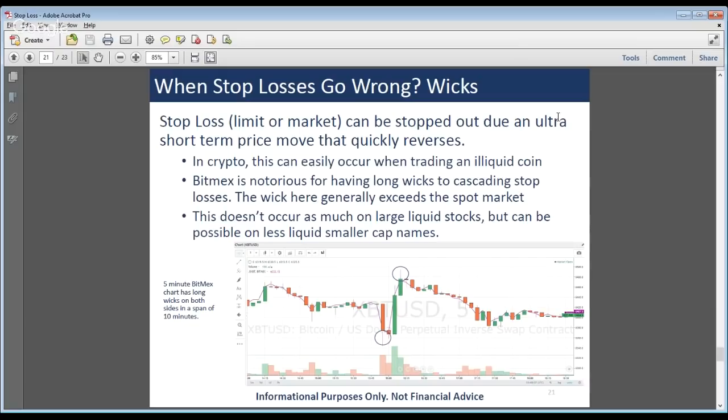Now, if you have a tight stop loss, you're screwed for all intents and purposes. You're certainly going to get stopped out, and this is what I mentioned, random variation. The price basically ends up in the same spot, and you have quite a bit of moves, so you can get wicked out, or your tight stop loss will trigger. So that's certainly something that can go wrong.